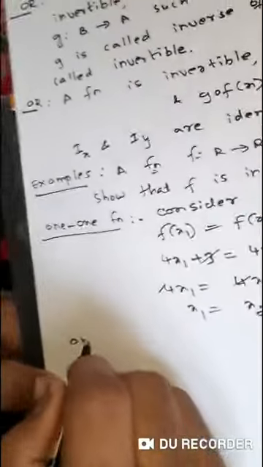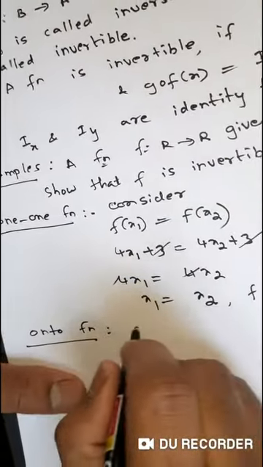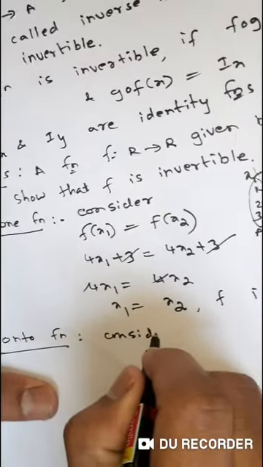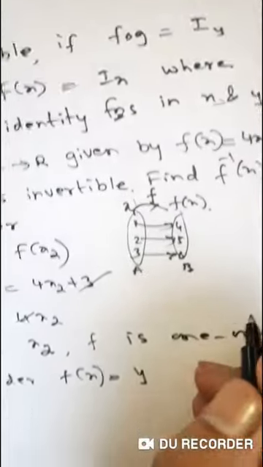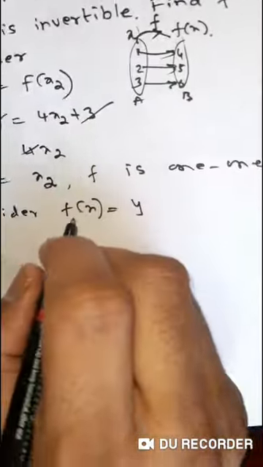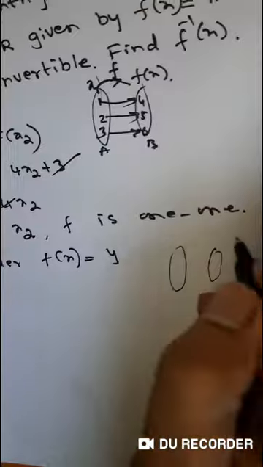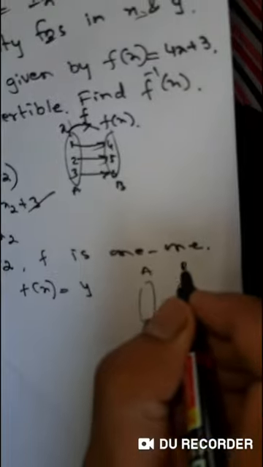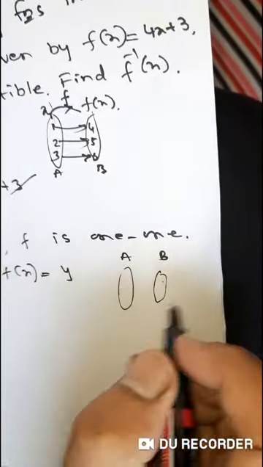Now we go for onto functions. Consider f of x is equal to y. The definition of an onto function was also discussed in the earlier class: every output should have an input, meaning every image should have a pre-image.